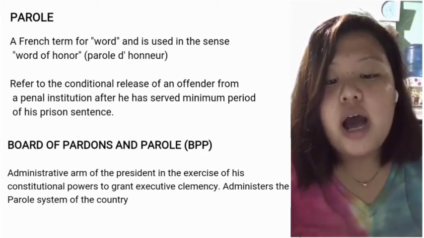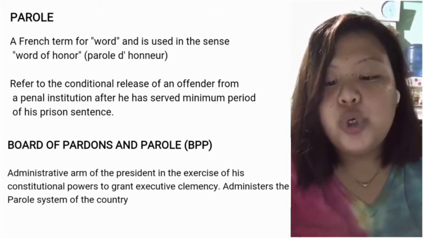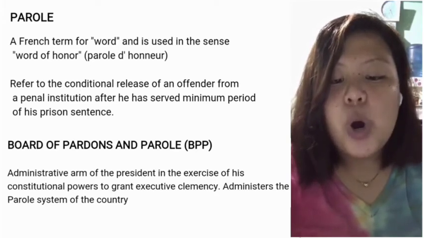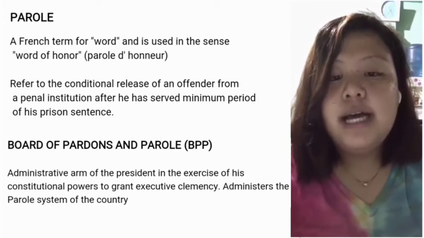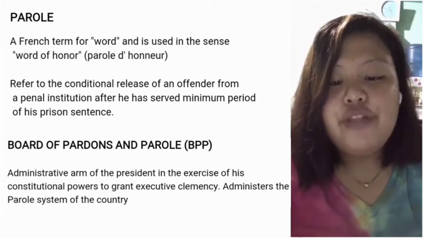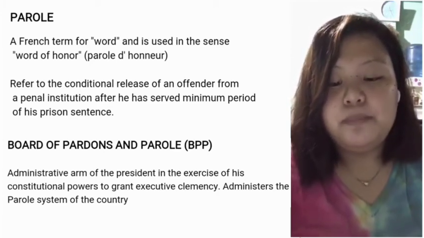Ang board ang namahala to assess or to look for qualifications sa mga piniriso who are eligible. The BPP also assists in the full rehabilitation of the parolees through parole supervision.